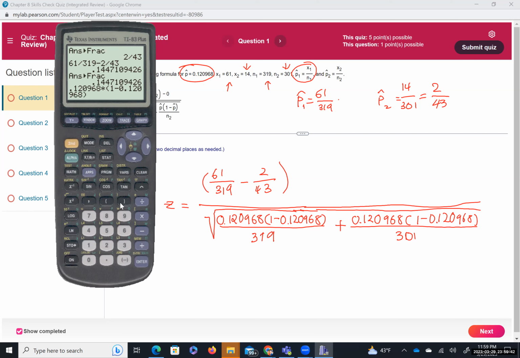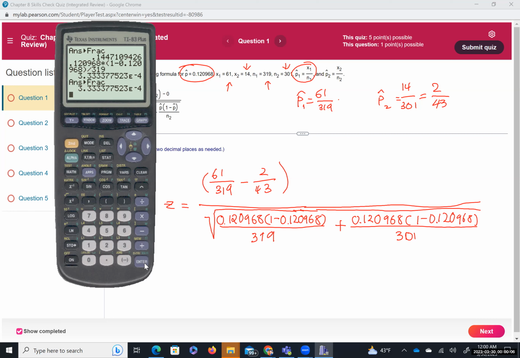Close that. And then divide by 319. Enter. That's going to be a very small number. I'm going to try to keep it in fraction form and see. Well, it's not going to show as a fraction.